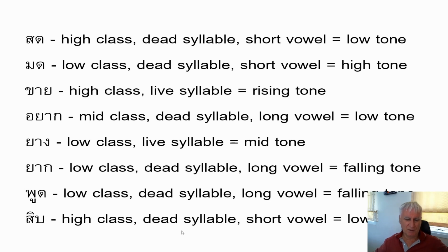Then we've got a dead syllable because that bor bai mai as a final consonant makes a P sound, which is like a glottal stop, so you can't continue voicing it. And that sara I is just a short vowel. So if we look at the tone rules for high class initial consonant, dead syllable, short vowel, we get a low tone, sip.